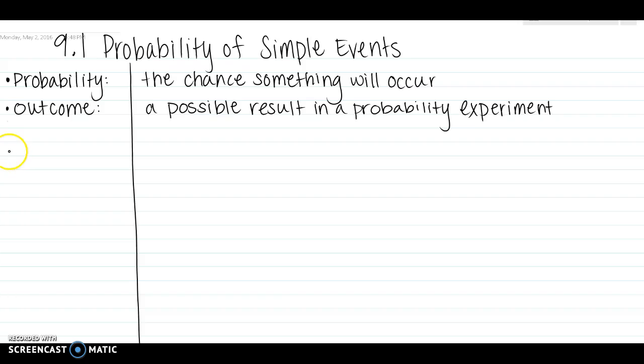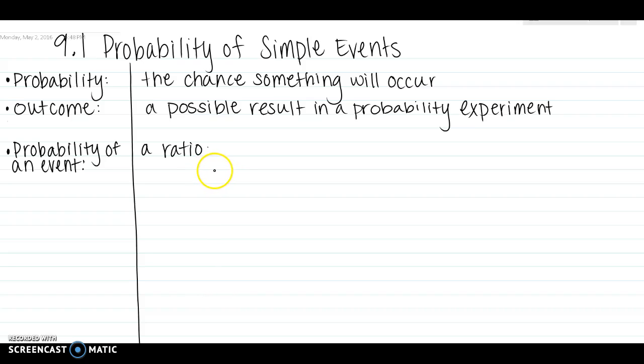So to find the probability of an event, we want to make sure that we're using a ratio. Okay, remember that ratios compare two different things. So in this case, we're going to be comparing the number of outcomes of something that we want versus the number of possible outcomes.